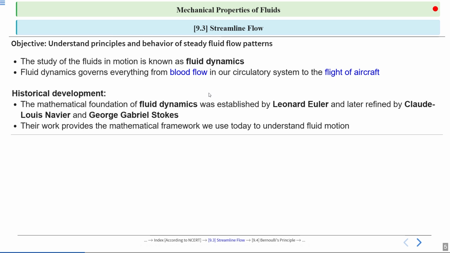The work of Euler, Navier and Stokes provides the mathematical tools we use to understand and predict fluid motion. These equations are fundamental in physics and engineering, helping us solve real-world problems involving fluids.